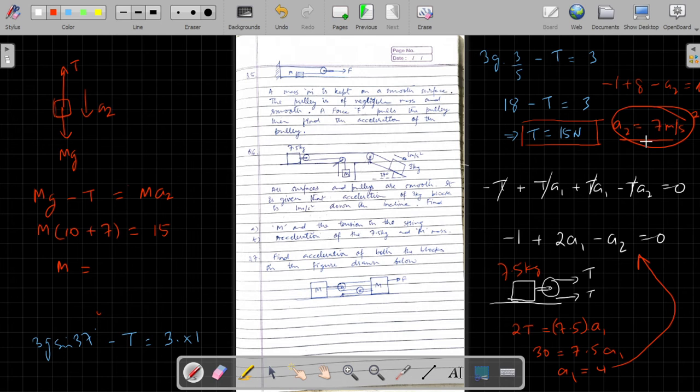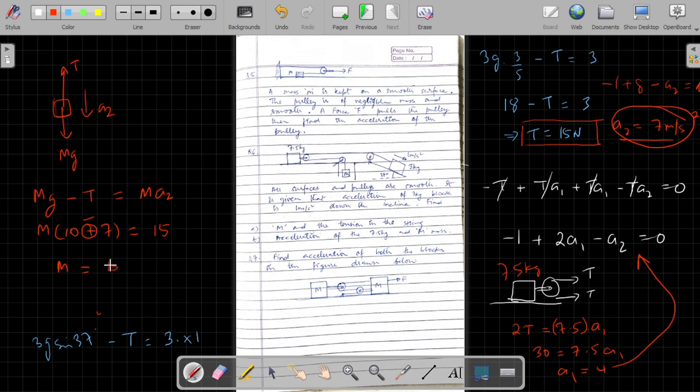That gives acceleration of the second block equal to 7 meter per second square, and then we substitute that value over here. We say mg minus T, that is the tension acting in upward direction, is equal to mass times acceleration of the second block, which is in downward direction, which we had chosen. So we'd be able to say that, yes, this sign would be negative, because this sign would come here.